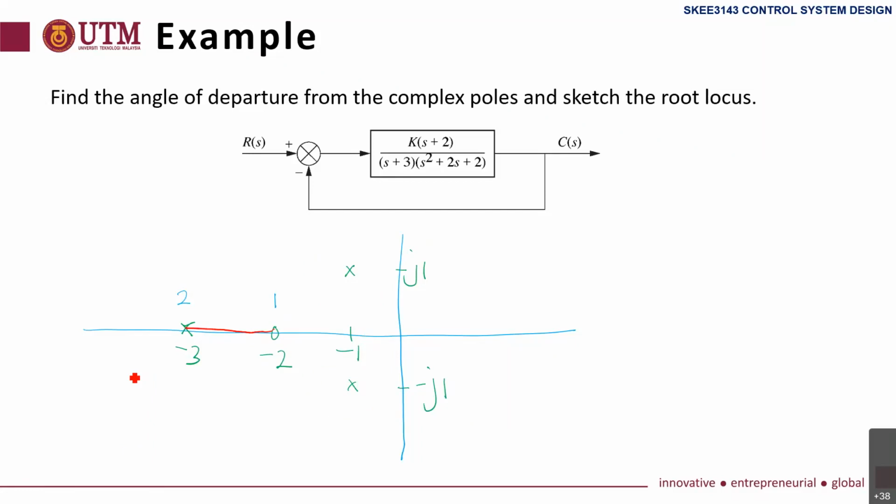All root locus must have an arrow showing the direction. So now put an arrow. Currently, we only have root locus between -2 and -3. Okay, now put the arrow. Where are the arrows?